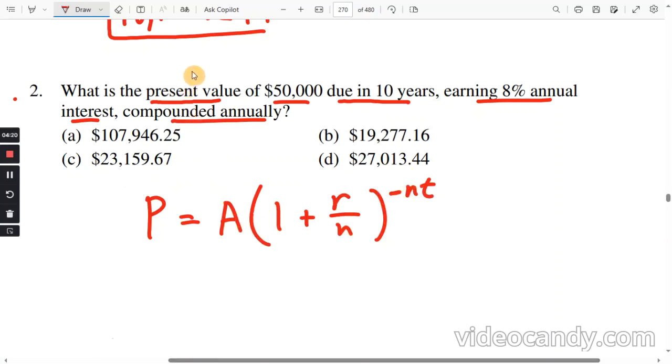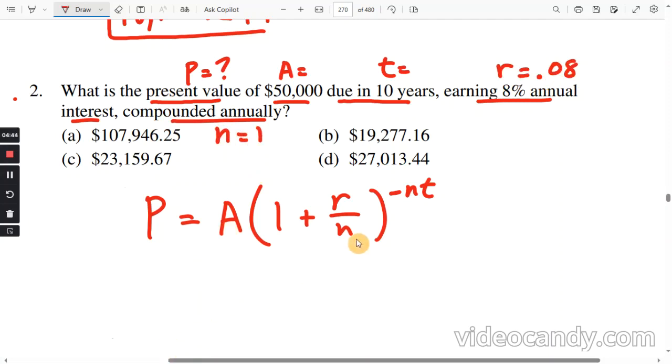Anyhow, the present value is the one we're looking to find. 50 grand is the accumulated amount. 10 years is the time. The interest rate is 8%, which is 0.08. And compounded annually just means that it's compounded 1 time per year.